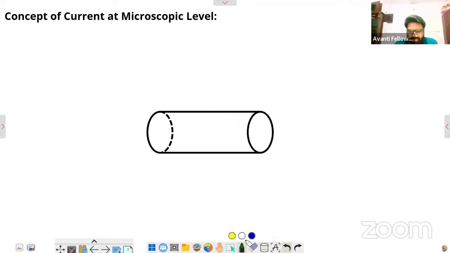And in this conductor, there are lots of ions present. You consider that there are lots of ions here. Positive charge is also here, and negative charge is also here. But the negative charge is too small, so I'm marking the negative charge with dots. Okay? Clear?